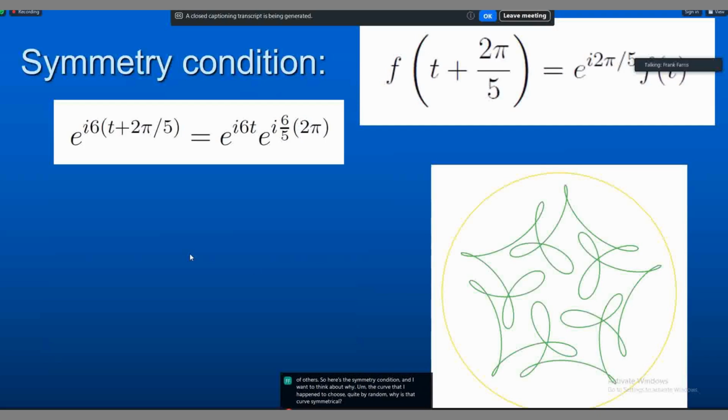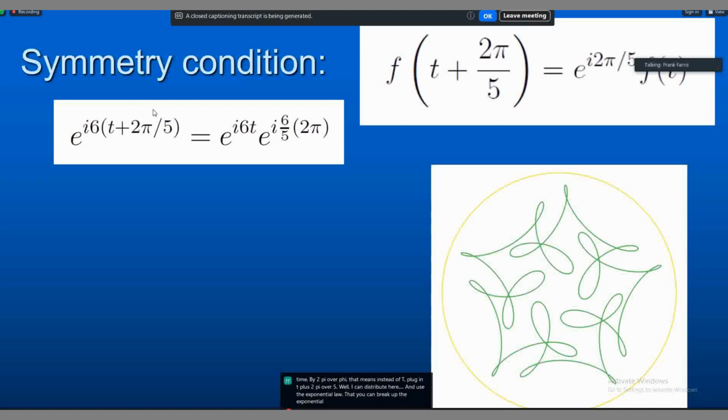So here's the symmetry condition, and I want to think about why the curve that I happened to choose quite by random is symmetrical. Well, I'm going to focus just on the e to the i 6t. Did you see in that original curve there was 1/2 multiplied by e to the i 6t? Well, let's do what the functional equation says. It says advance time by 2 pi over 5. That means instead of t, plug in t plus 2 pi over 5. Well, I can distribute here and use the exponential law that you can break up the exponential.